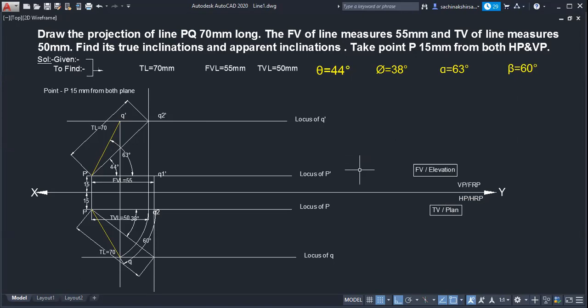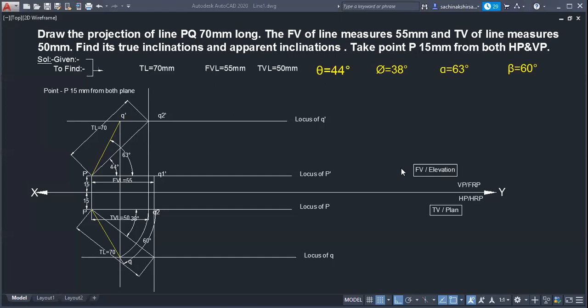And we know one concept: if a particular line is parallel to a particular plane, it shows its true length in the next view. Likewise, we saw this in the introduction. As we drew the FVL and TVL parallel, the next view will be the true length. This concept we used and completed this problem.